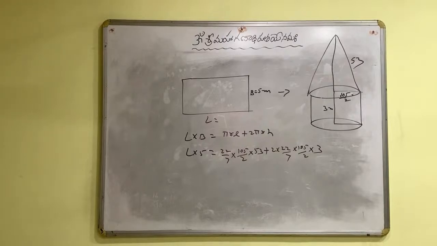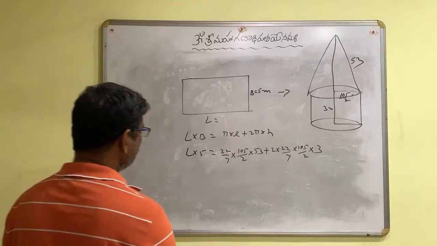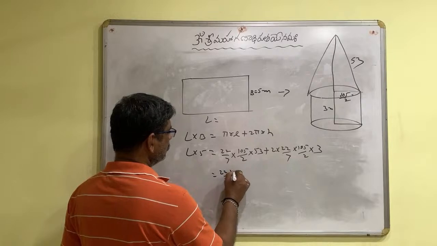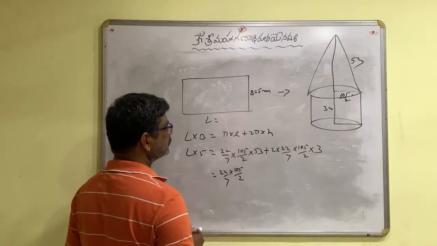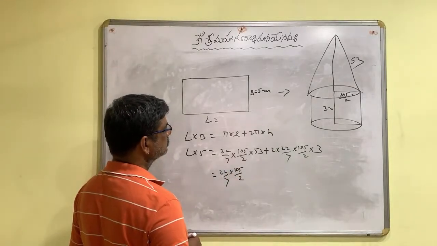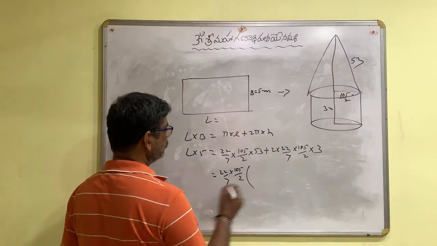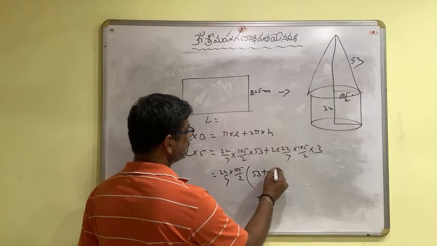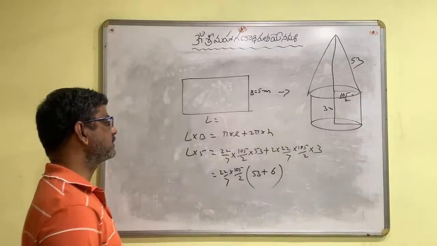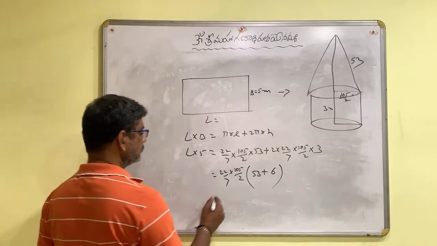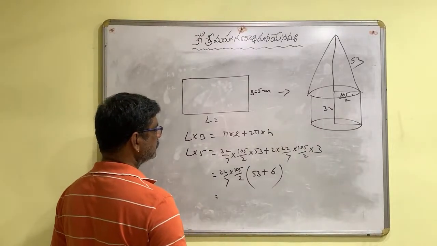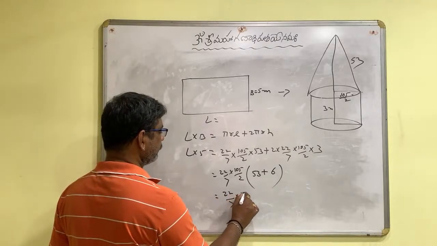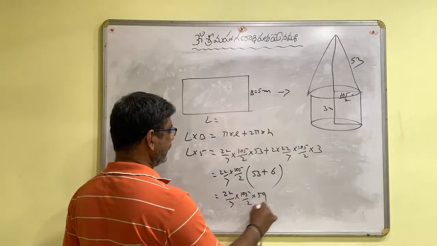What can we take common here? 22 by 7 can be taken common, 105 by 2 can be taken common. That's all. So what is remaining? 53 plus 6, there are 2 threes are 6. How much? 22 by 7 into 105 by 2 into 59.